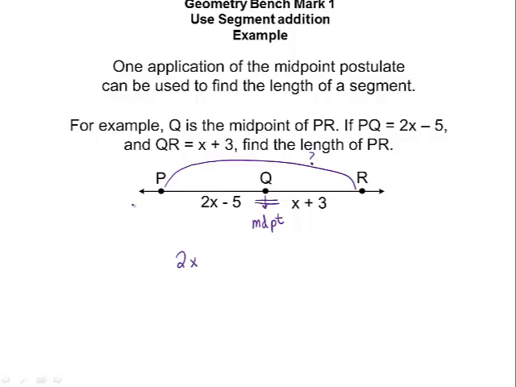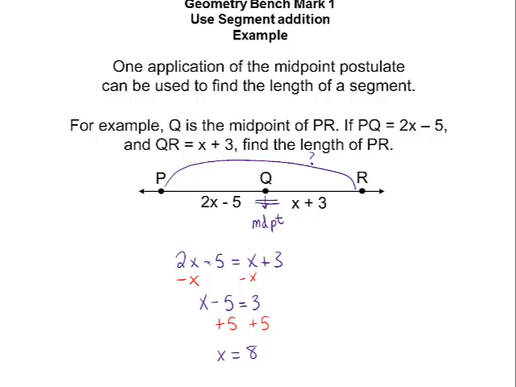So to solve this, I'm going to set those equal to each other. I'm going to subtract x from both sides. So that gives me x minus 5 is equal to 3. Add 5 to both sides. And x is equal to 8.